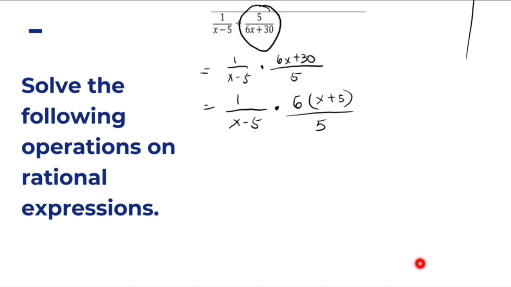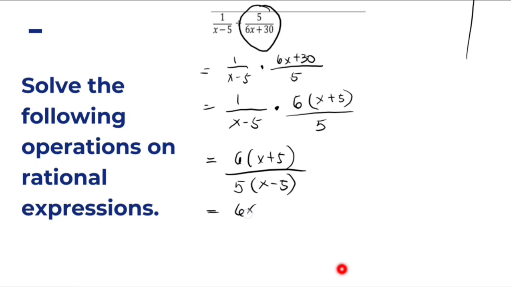So as you can see, we don't have any common factors. So we'll just proceed with multiplying the numerators and the denominators. So 1 times 6 times x plus 5 is still 6 times x plus 5 all over x minus 5 times 5 is 5 times x minus 5. So this is 6x plus 30 all over 5x minus 25.